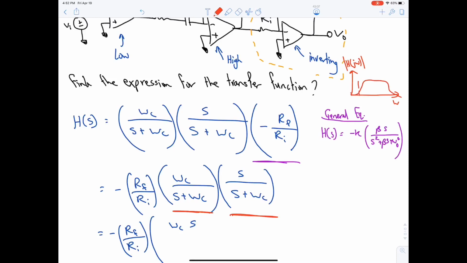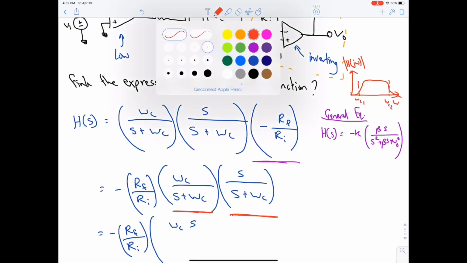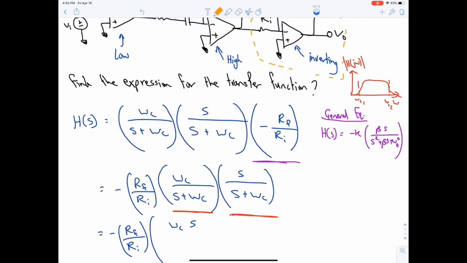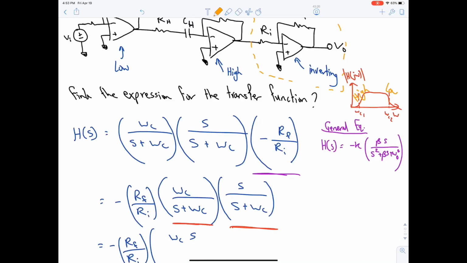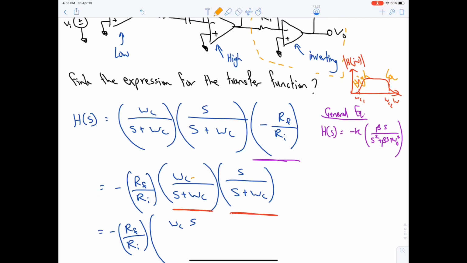We have omega c1 and omega c2. Okay. Where is the omega c1? Is it with the low side or the high side? Omega c1 is with high and omega c2 is with the low. Okay. So for the low, it will be omega c2, and for the high it will be omega c1.